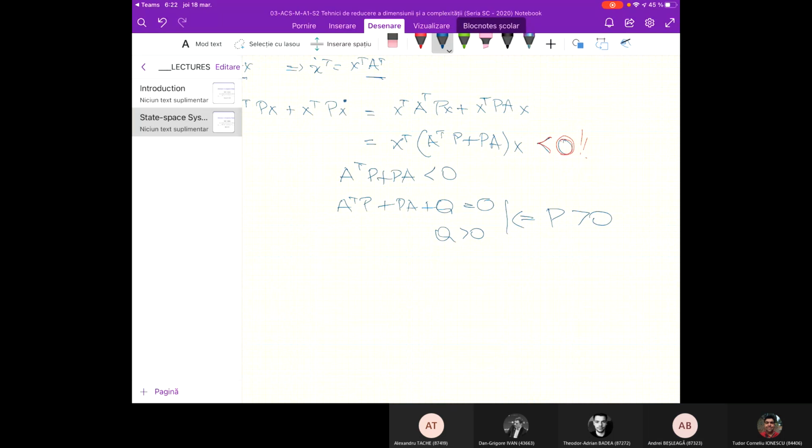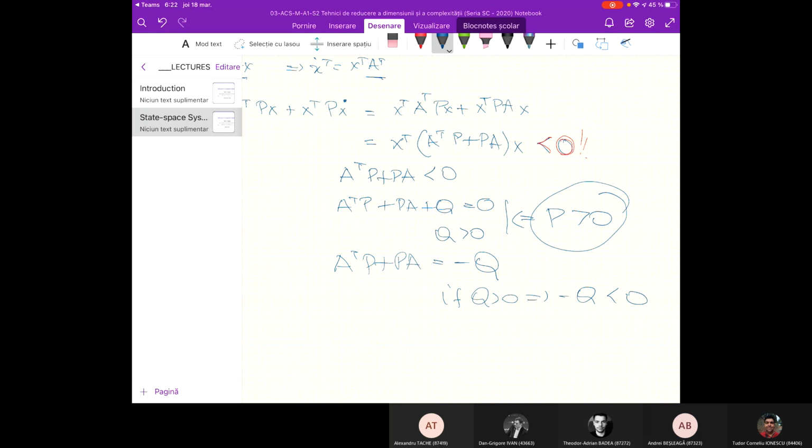Of course, this is not the whole rigorous proof. This is why you have this result. If P is positive definite, because A transpose P plus PA is minus Q, so if Q is positive definite, then minus Q is negative definite.